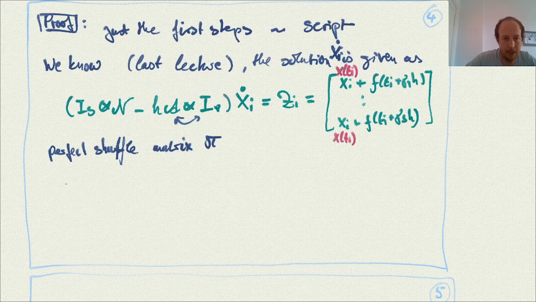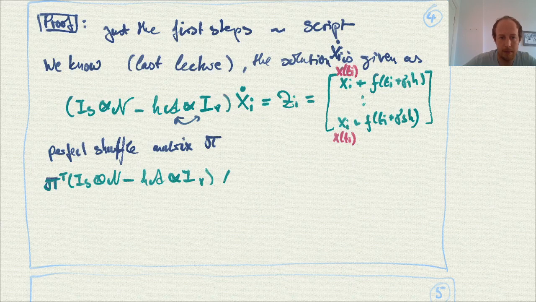So we apply this here, then we have P, then we have P transposed times I_s Kronecker I_n minus h A Kronecker I_nu. Here we also include the identity, we can include this here, xi, and this was multiplying with the Pi.